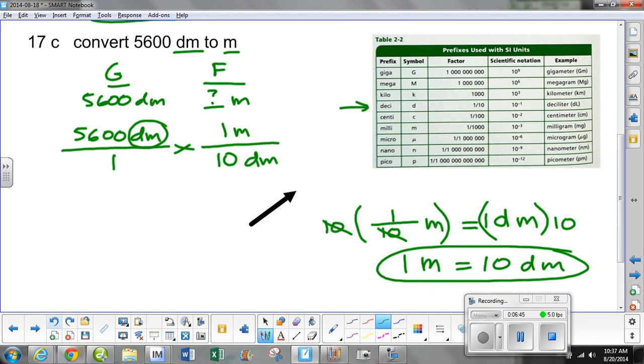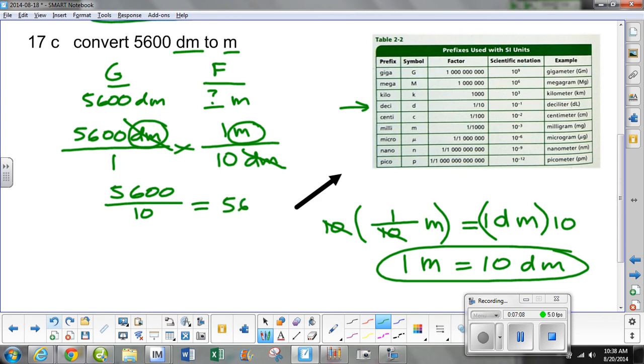Now the problem boils down to dividing 5,600 by 10 and canceling our units of measure. The unit of measure that's left is meters, and dividing 5,600 by 10, we get 560 meters.